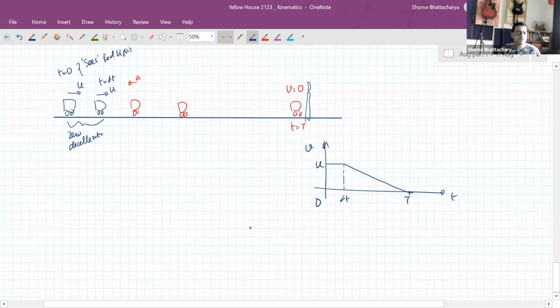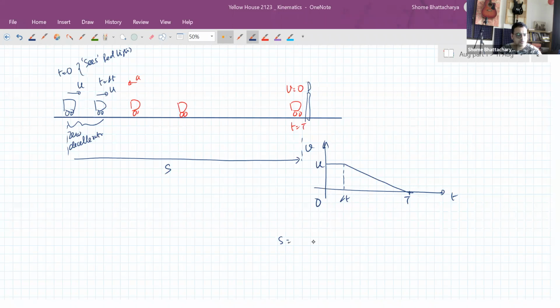So in the first data that is given to you, this total displacement S is 30 meters when the initial speed is 72 km/h.